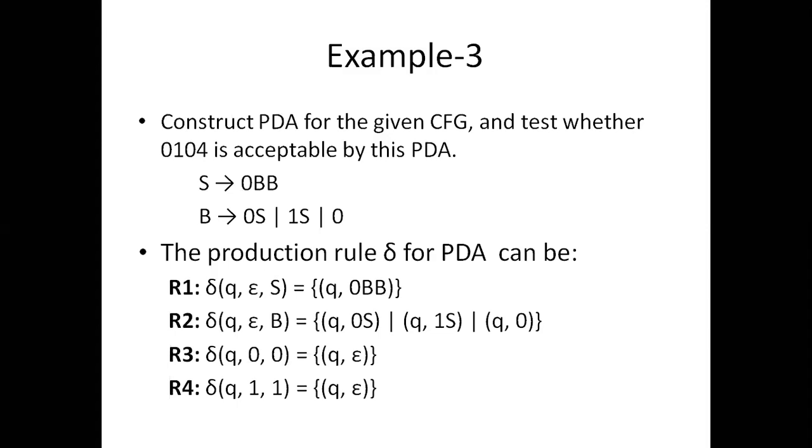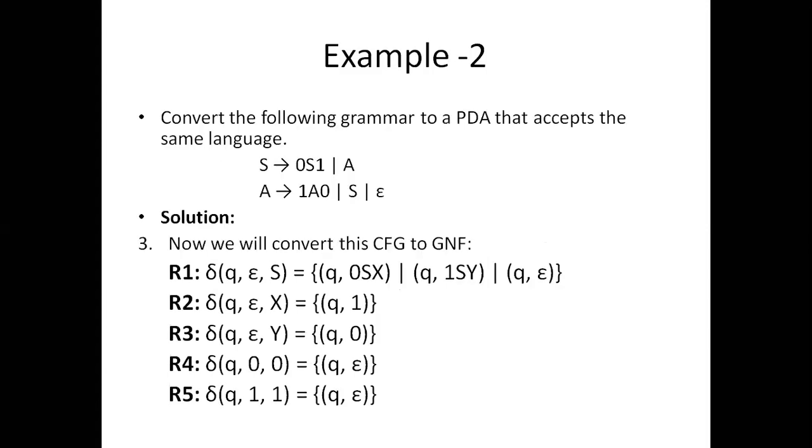Now there are two standard forms. Any grammar can be converted to these two standard forms. These two standard forms were invented for the purpose of uniformity and for bringing some standardization in writing grammars. The first form was the Chomsky normal form, and the second one is the Greibach normal form.